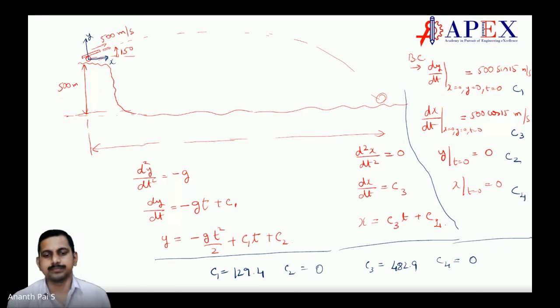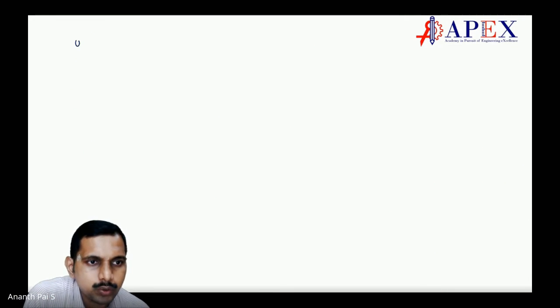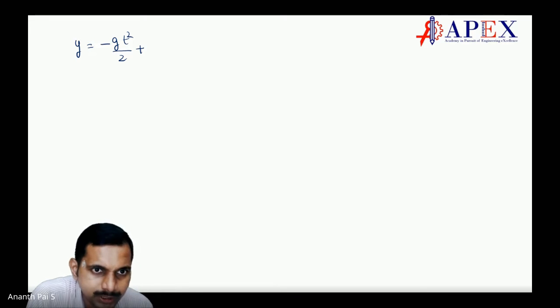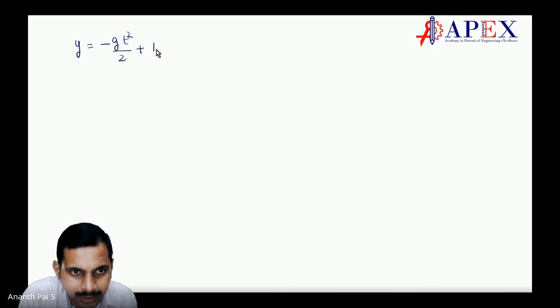Fine. Done. Now you have got this, students. Let us solve this. So the equation we are solving is y equal to minus gt square by 2 plus C1. C1 is how much you said? 129.4, correct?